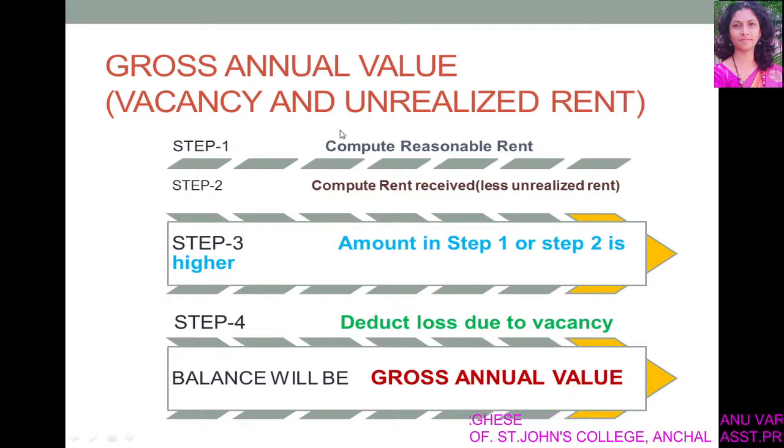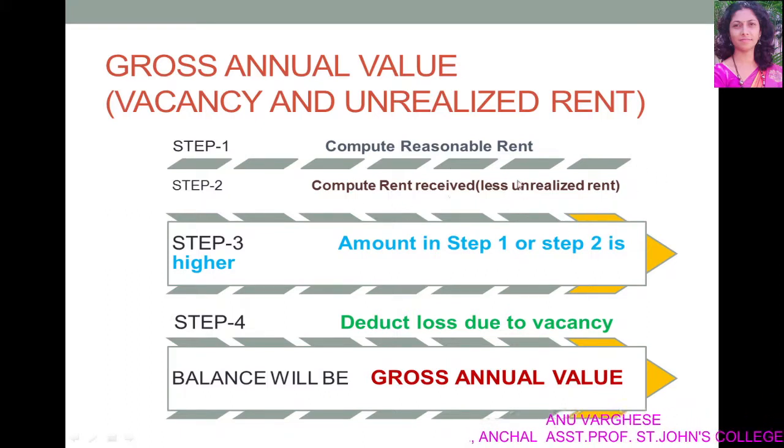Step number 1, first you have to compute reasonable rent or expected rent. First of all, we compare municipal value with the fair rental value, whichever is higher, compared with the standard rent, whichever is lower. Then that figure has to be compared with actual rent received. For that, you have to deduct unrealized rent from the rent received.